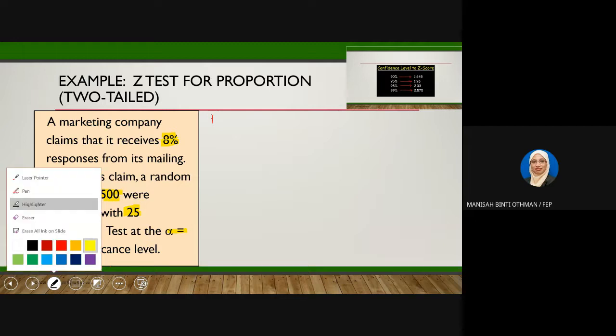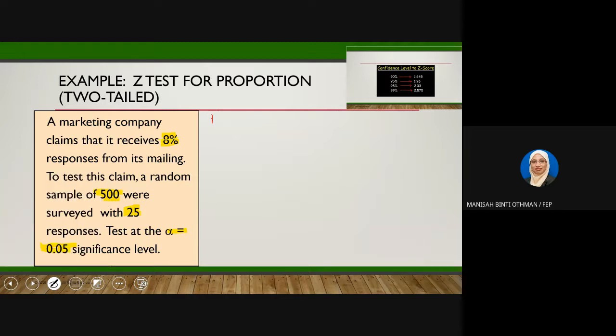So we go first, calculate P bar: 25 divided by 500.